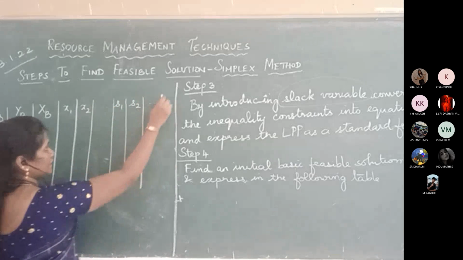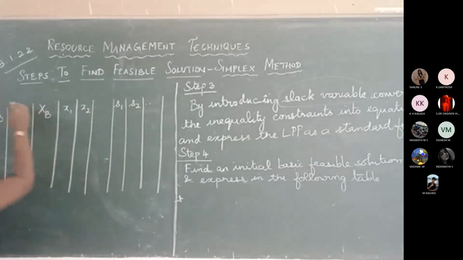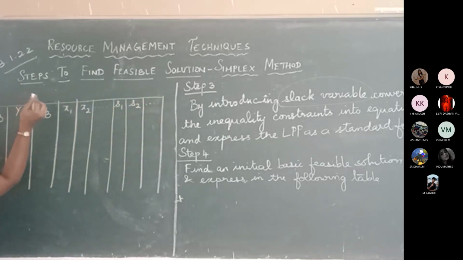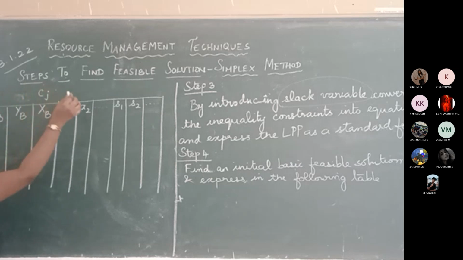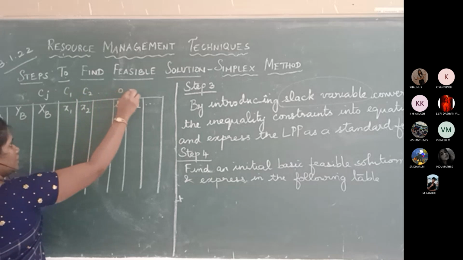However many slack variables you are taking, that many you will write down. And above this, it will be CJ. Write it as CJ on top of it. And here it will be the values of your function, which is nothing but your C1, C2, and so on. This will always be 0.